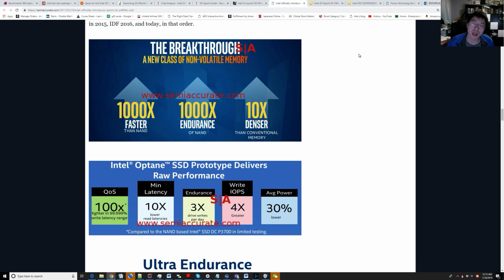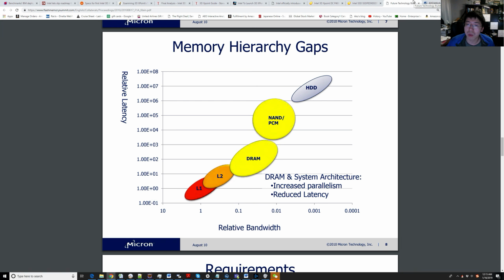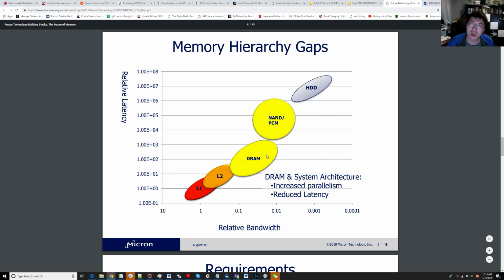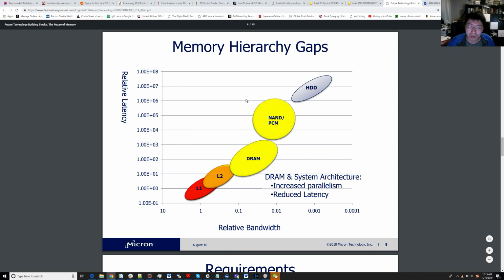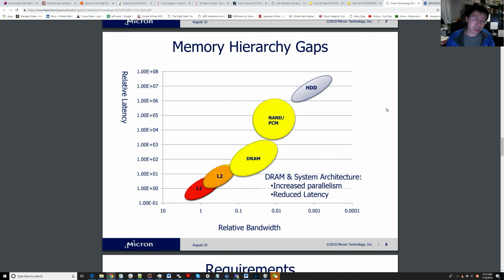Divide by 1,000, you're looking at minimum 300 nanoseconds, which is on par with DRAM. DRAM goes about 100 nanoseconds. Typically, I think the latency is like from 80 to 150, around that level. So you're 2x slower in terms of latency, and in terms of bandwidth, it might be very fast too. I don't know.